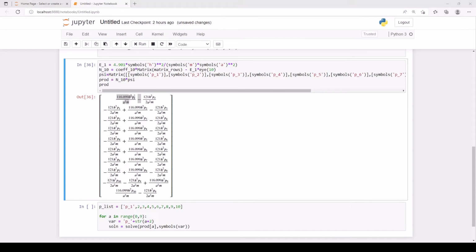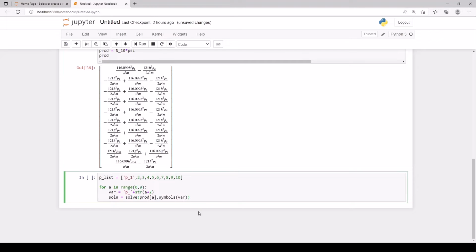And after that, the next thing I'm going to do is substitute the resulting solution into my P list, which is the actual result I want. So P list of A plus 1, because remember, I start on the P list at index 1 instead of at index 0, because index 0 is already defined as P1. So if A is equal to 0, then P list is going to substitute into index 1 instead of index 0.